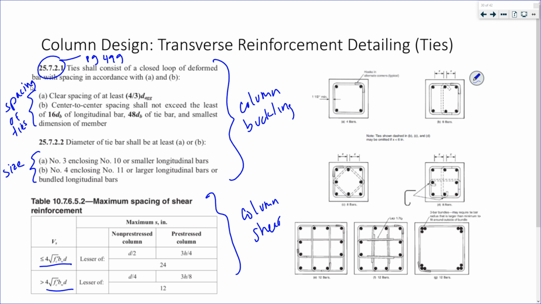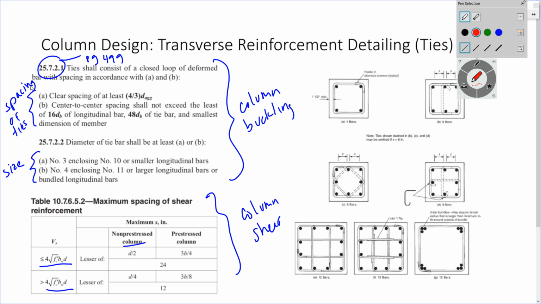Looks similar, OC, but it's about columns instead of beams. Anyway, so that's the maximum spacing for shear reinforcement. Obviously, you have to calculate how much, right? So you have to satisfy both of these if you have column shear, basically. If you don't have any column shear, you just have to satisfy the buckling.